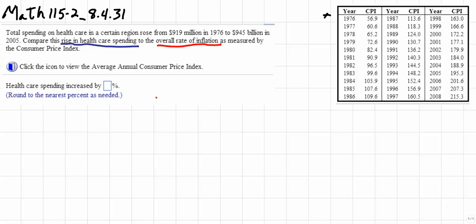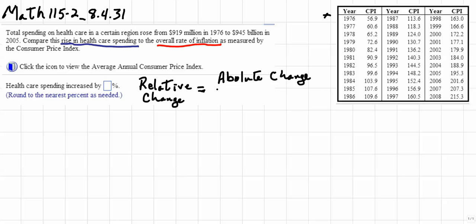When we do that, we're going to have this particular formula. We're looking at relative change, and that's going to be equal to absolute change divided by your reference number.